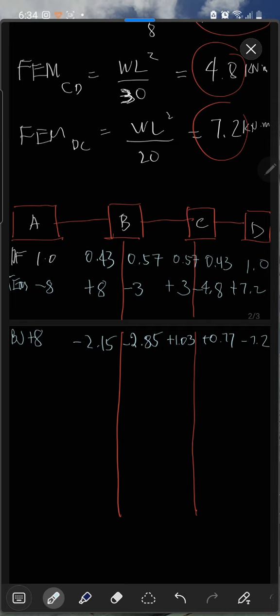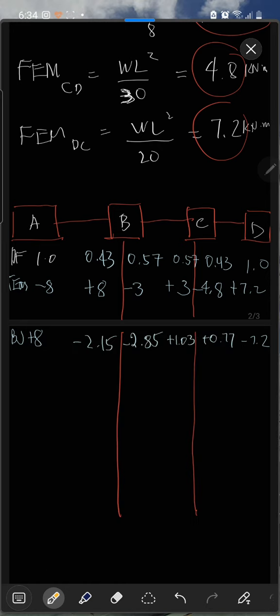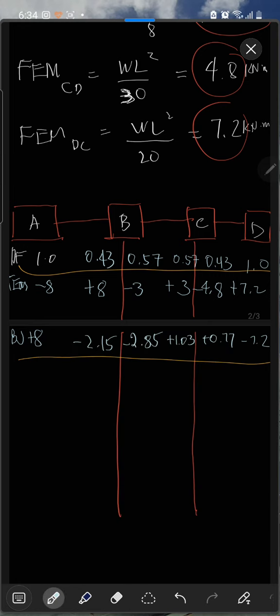Okay, so nanatay isa ka cycle, no? So kani siya, one cycle na ni. So proceed ta sa next cycle para mas accurate siya. So we have the carryover movement.